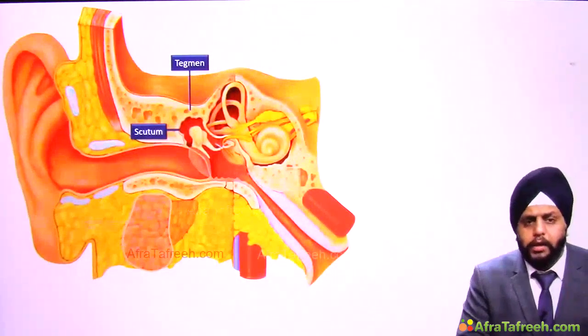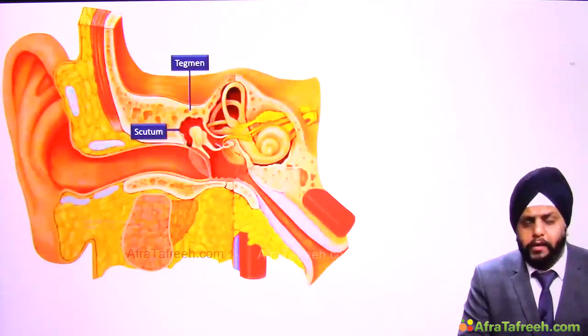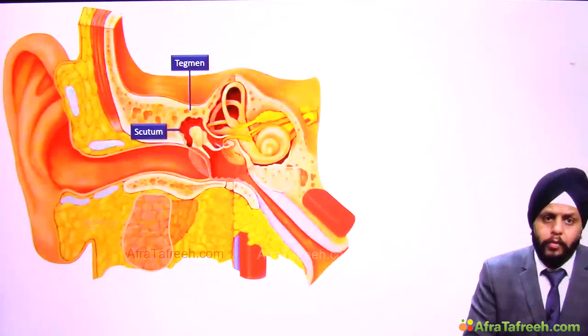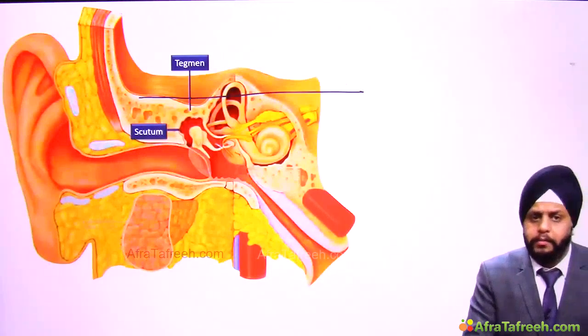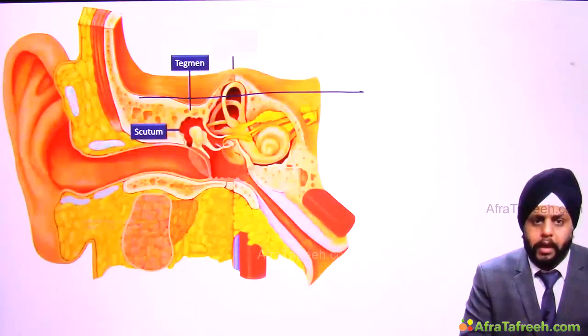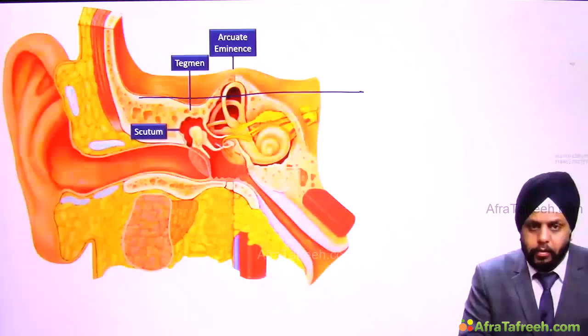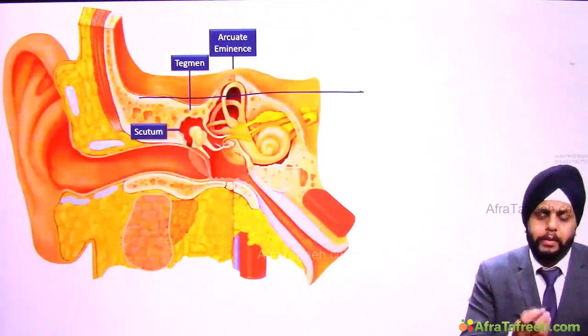We have seen the lateral wall. We are now seeing the superior wall or the roof. But if you look at this tegmen, this plate of bone is not flat like this. Is it flat? No, it's not flat. It's protruding up at this point. This protrusion is known as arcuate eminence. And what is pushing it up?